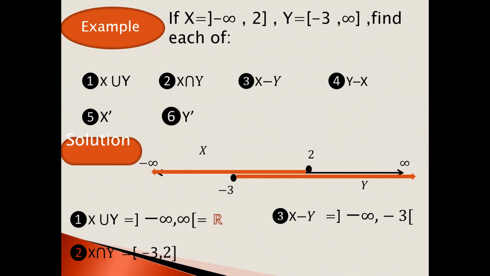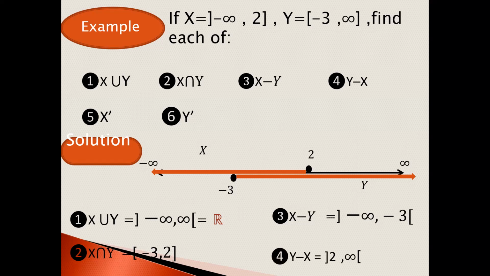I'll opposite -3. It will be open. So the interval here, the answer, will be negative infinity and -3, and -3 will be open, because I want it not included in X, but it is included in Y.